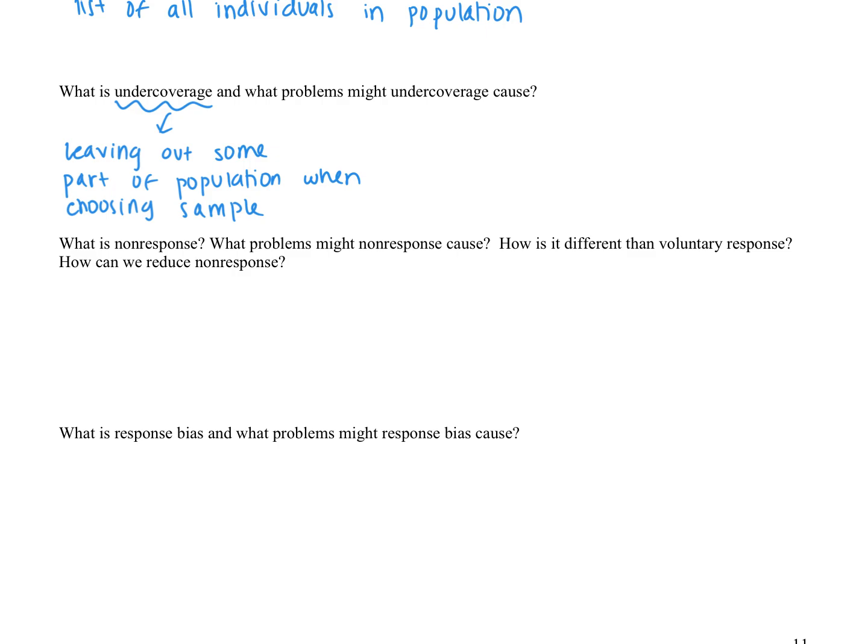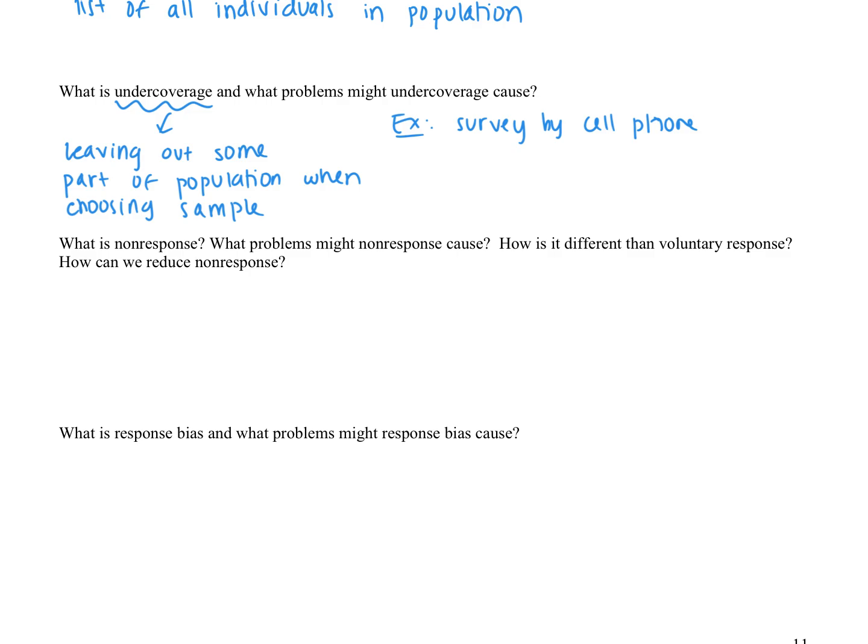So a very common example is when we take a survey by cell phone. So we call up people randomly and ask their opinion on something. If I do a survey by cell phone, who am I leaving out? People without phones.